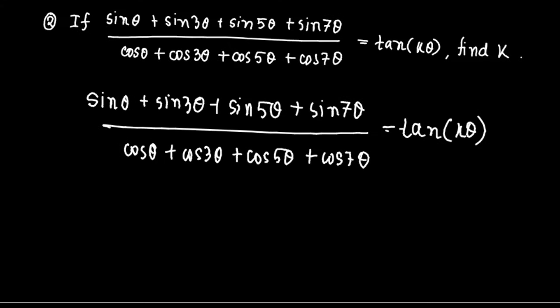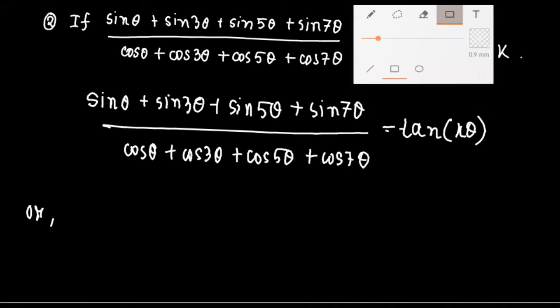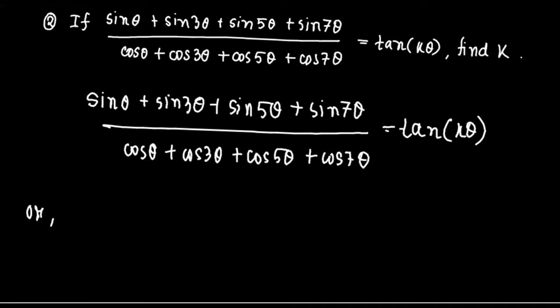Now here we will accumulate two terms at a time. Suppose we take sin θ and sin 7θ as a pair, and sin 3θ and sin 5θ as a pair. Obviously, in the denominator also, cos θ and cos 7θ as a pair. So we are writing (sin θ + sin 7θ + sin 3θ + sin 5θ) / (cos θ + cos 7θ + cos 3θ + cos 5θ) equal to tan kθ.